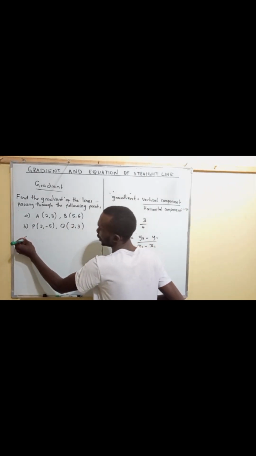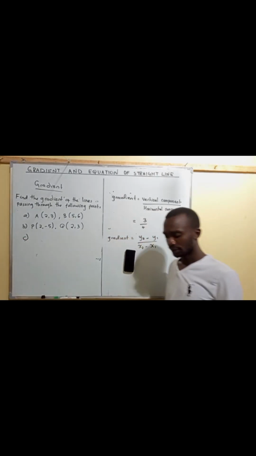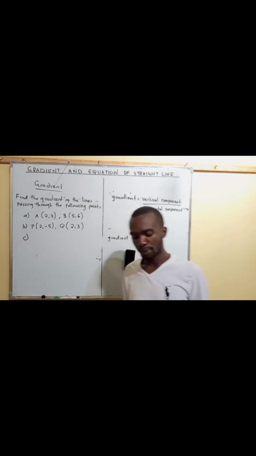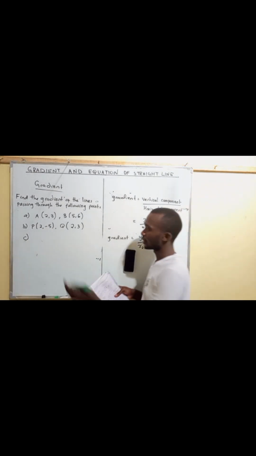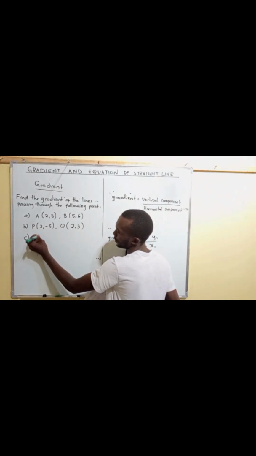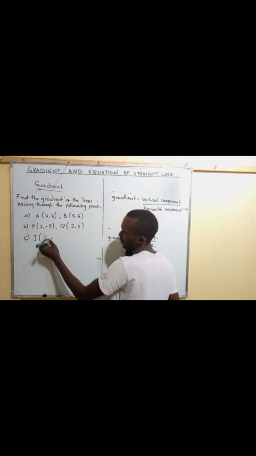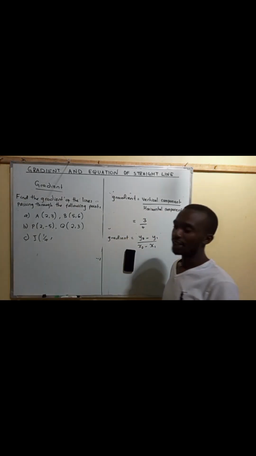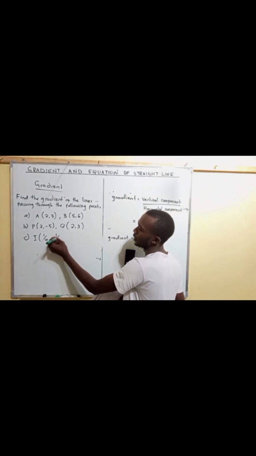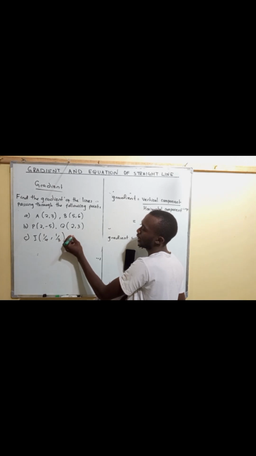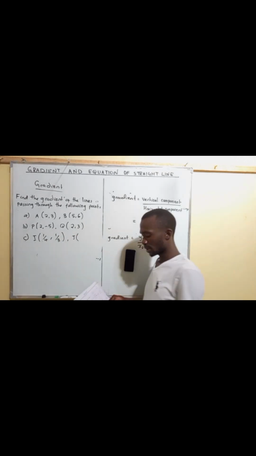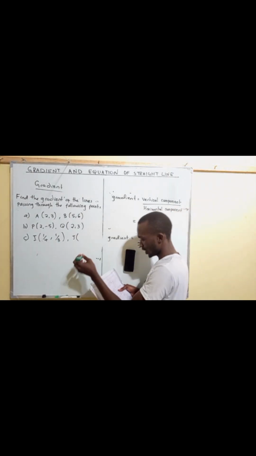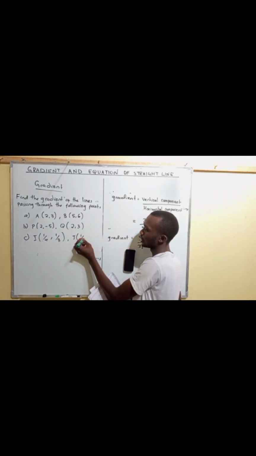Then the third set of points we have are I, which is a quarter, a third, and another point J, with coordinates a third, a quarter.